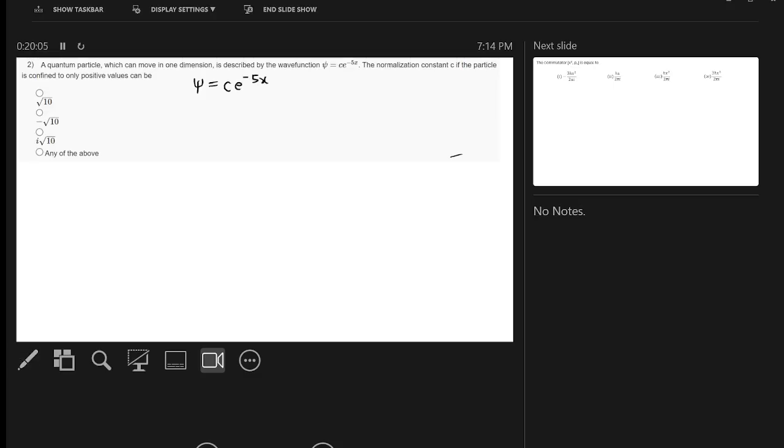The normalization constant c, if the particle is confined only to positive values of x, along the x-axis. So along the positive axis. This is your 0, this is your x-axis. So it's moving along the positive axis.